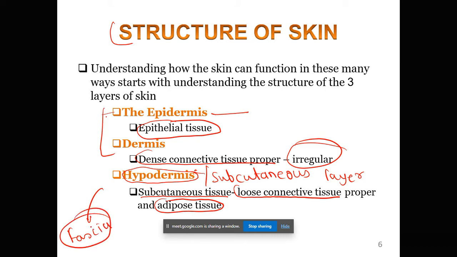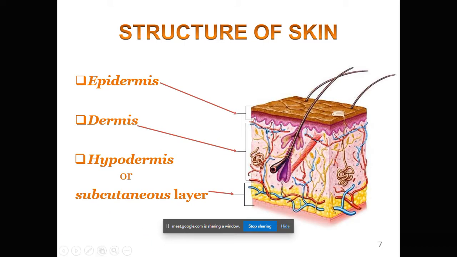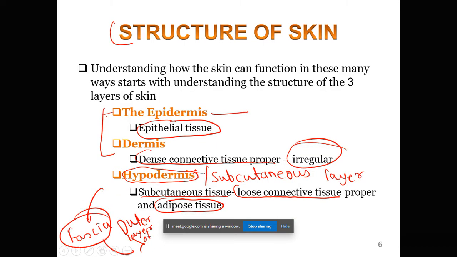What is a fascia? Fascia is the outer layer of muscle.